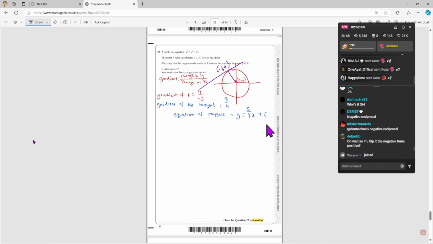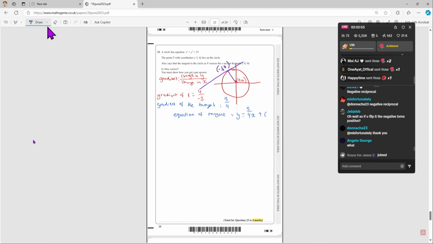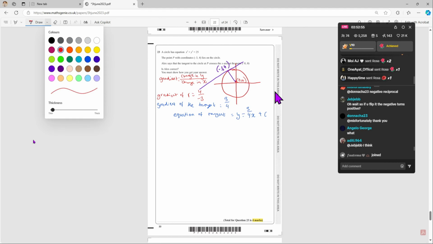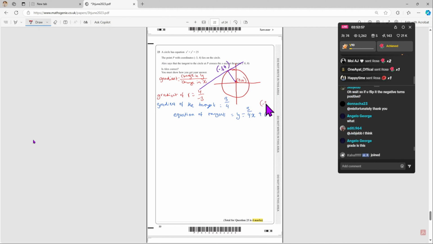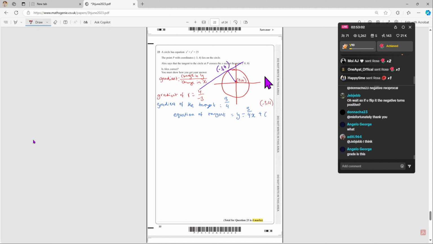Now we just have to work out the value of c, the y-intercept. To work out the value of c, we know that minus 3, 4 are the coordinates that pass through, that is on the tangent. So you replace the x and the y.